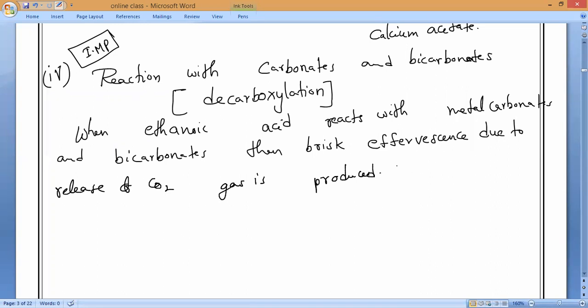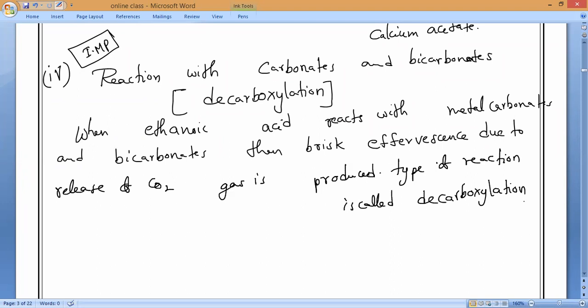And this type of reaction is called what, guys? This type of reaction is called decarboxylation reaction.